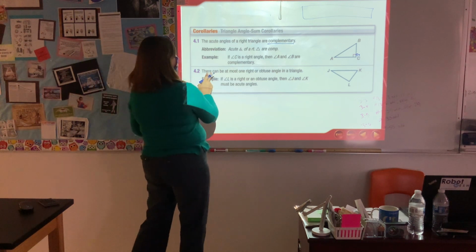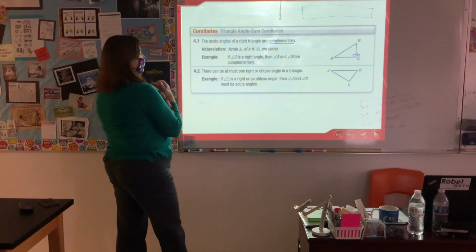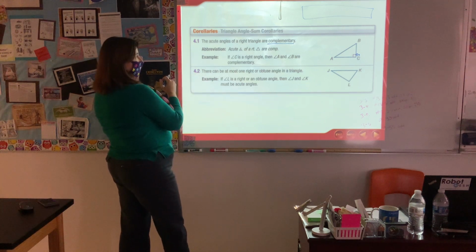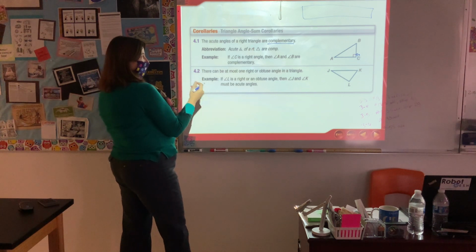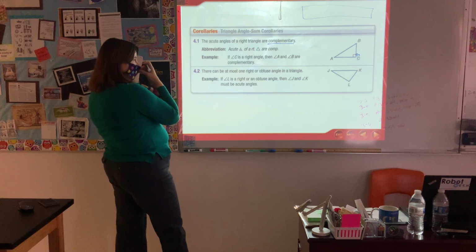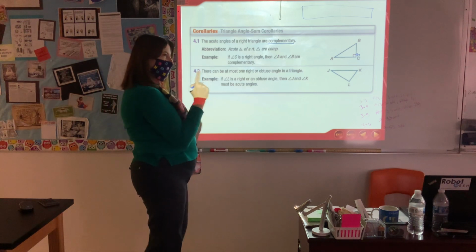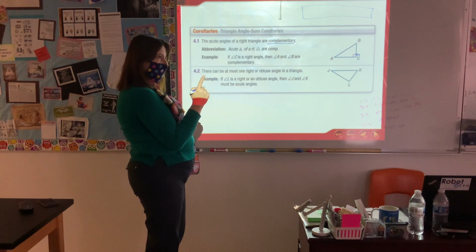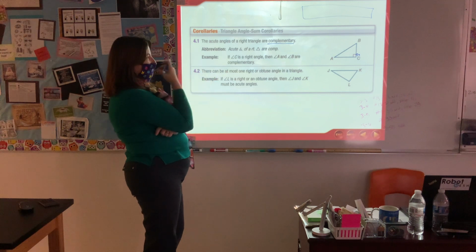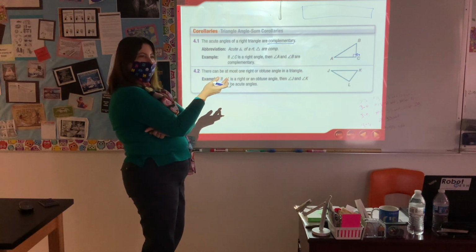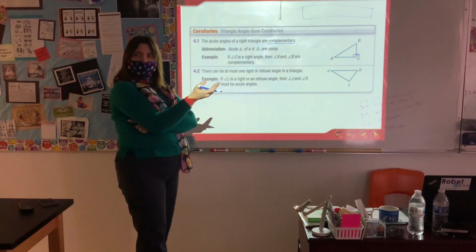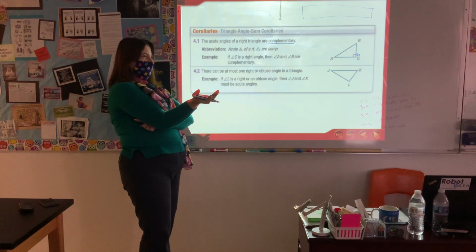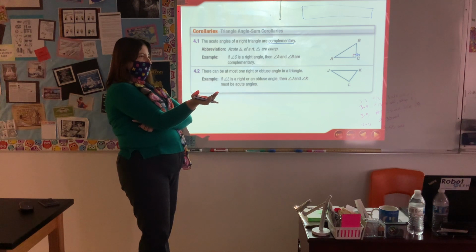Now, there's also a second corollary, 4.2, that says if I have a triangle and there's a right or an obtuse angle, there can only be one of them. Think about what it would mean to have two right angles. Is that possible? No. 90 plus 90, I would have a third angle of 0. How about 120, 130?